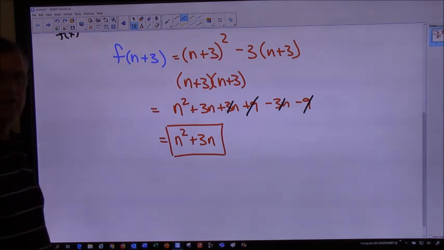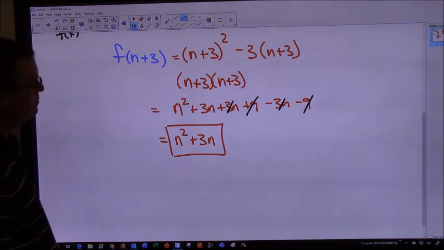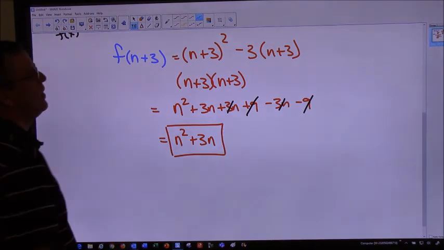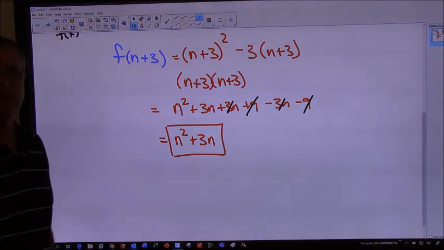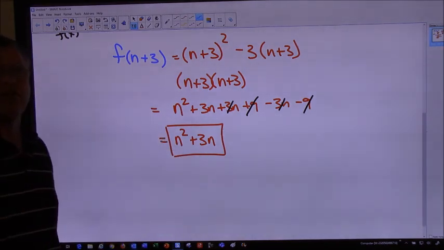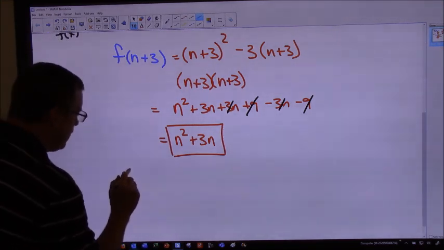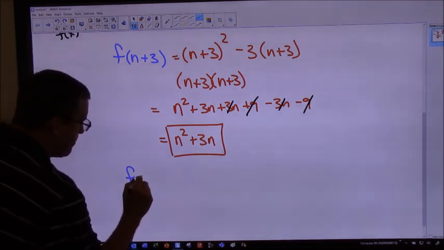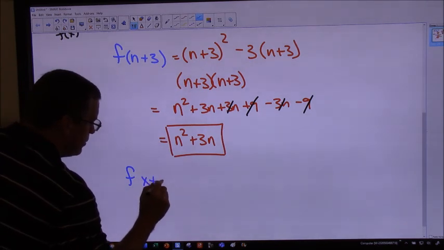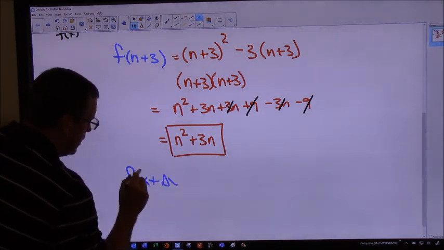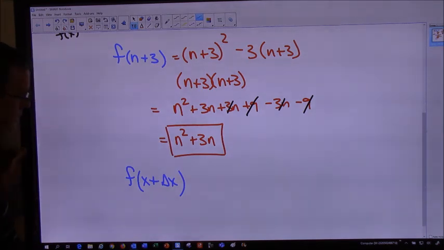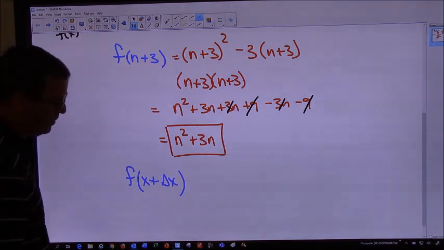Alright, it's going to get a little more complicated. Remember, I told you guys one of the things that we do in PreCalc is we push everything a little bit farther. Okay? So this time I want for you guys to find f of x plus delta x. And you're thinking, delta what?